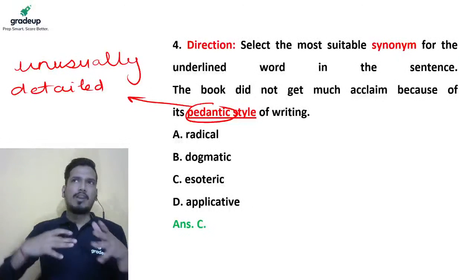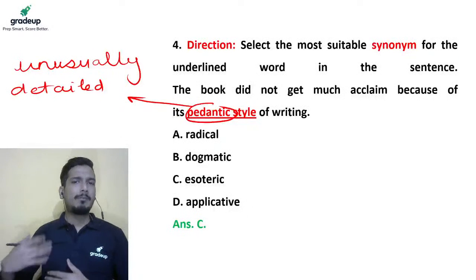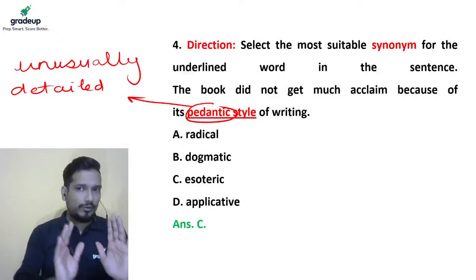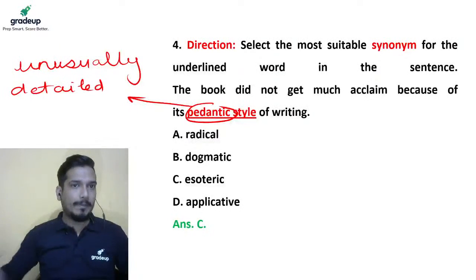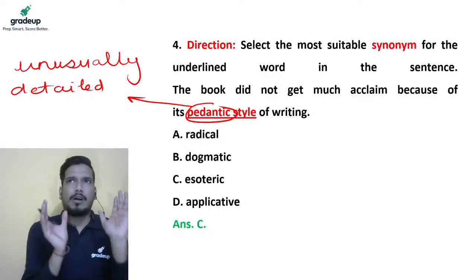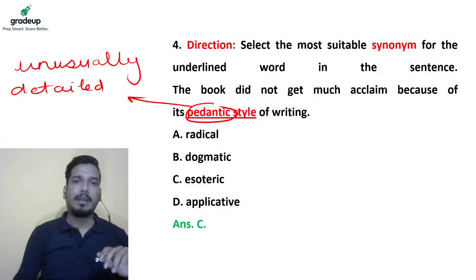That will not appeal to everyone. See, the book did not get much acclaim because of its pedantic style of writing. So it did get some sort of audience. It did appeal to some people, but not all of them. Because it was unusually detailed, it could appeal to only a niche, right?